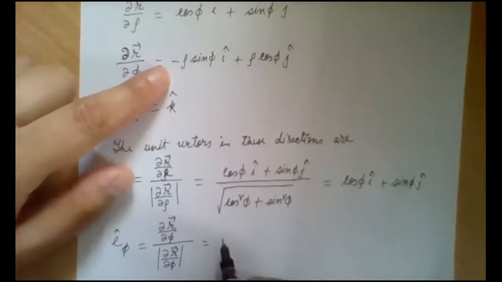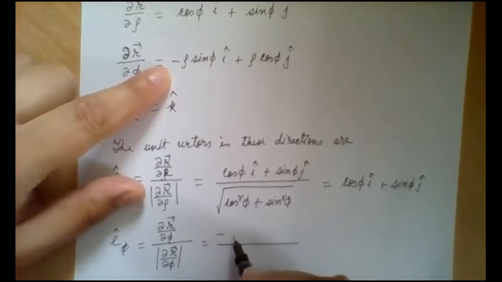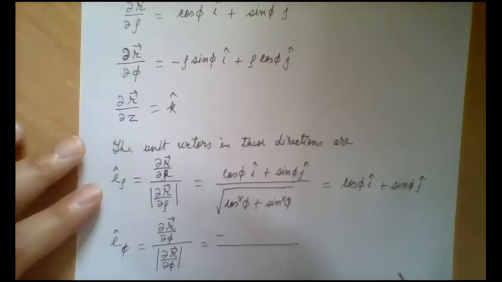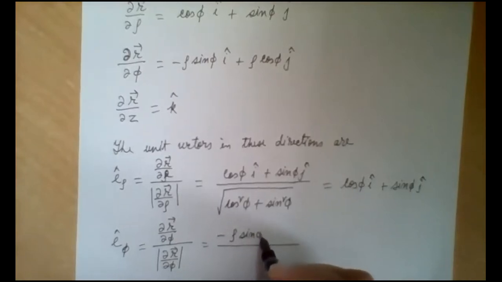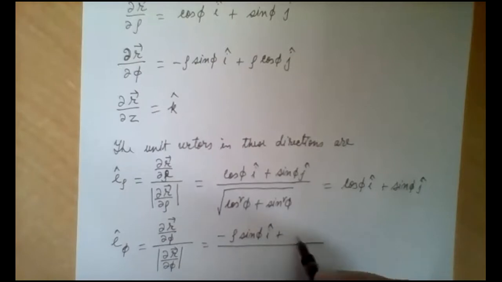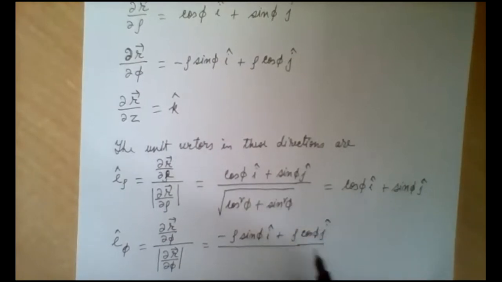It is minus rho sin phi i hat plus rho cos phi j hat, divided by the square root of rho square sin square phi plus rho square cos square phi.